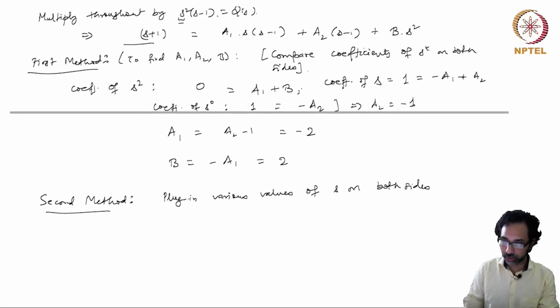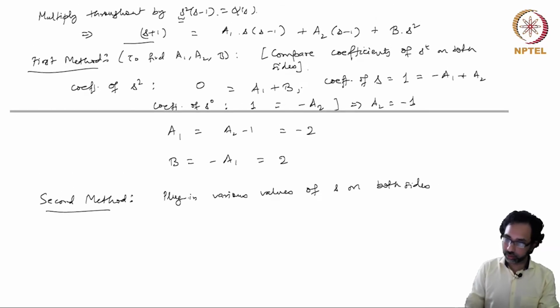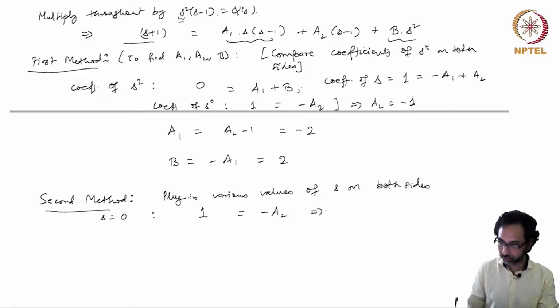So here, let's plug in s equal to 0. Then this term vanishes, this term also vanishes, and on the left hand side you get 1, and on the right hand side you get minus a2. So again you get a2 equals minus 1 immediately.